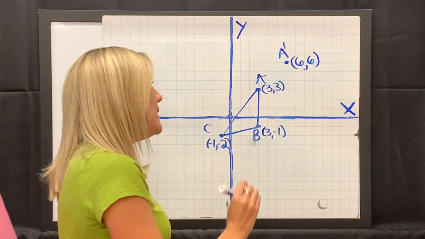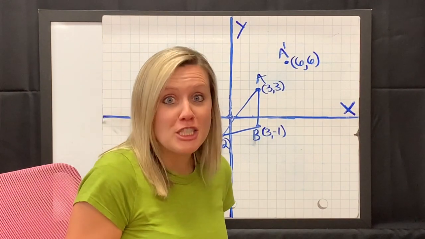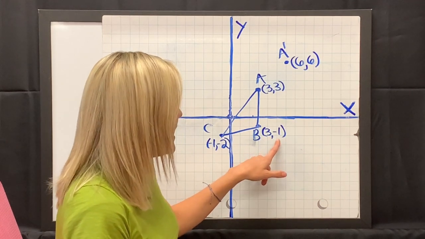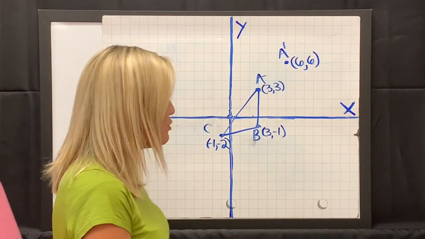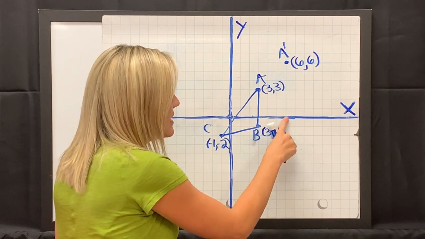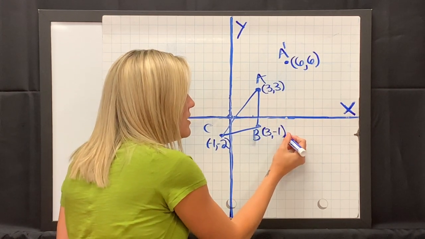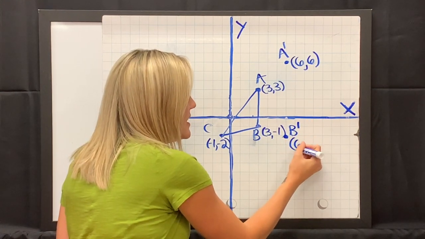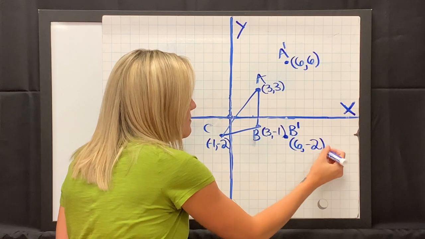Now I'm going to take my B point and I'm going to multiply each of those by 2. So 3 times 2 is 6. -1 times 2 is -2. So I'm going to go over 6, 1, 2, 3, 4, 5, 6, down 2. And that is where my new B is going to go. 6, -2.